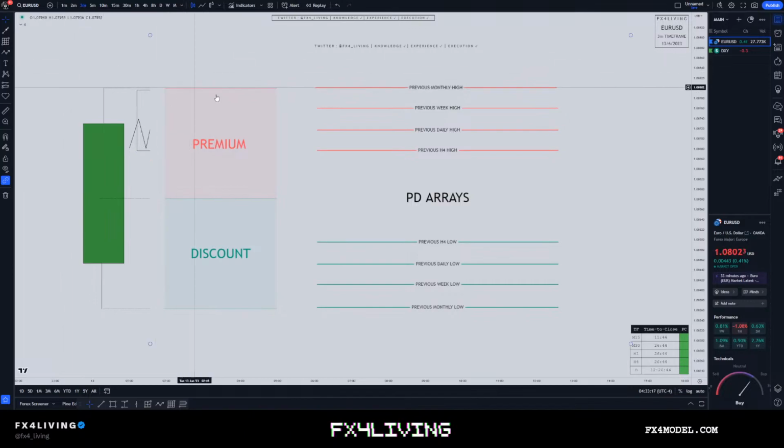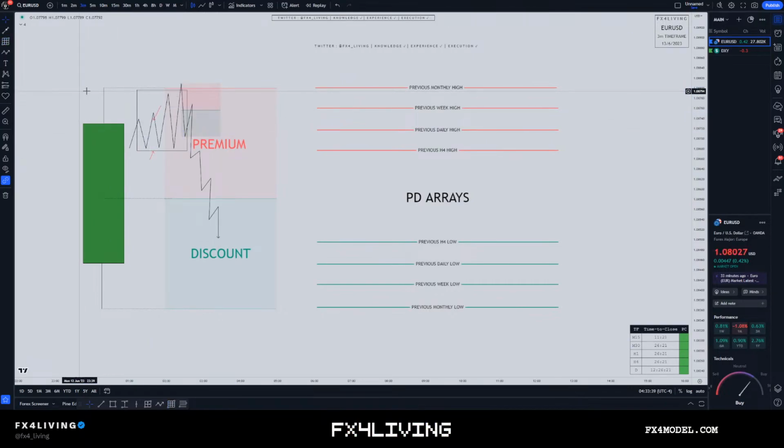So what I want to see is the price going back inside this range. And if I get a displacement here, maybe I can get a fair value gap on this displacement, and I can anticipate a short inside the 50% range of this displacement.